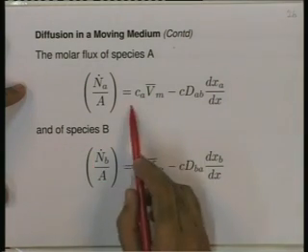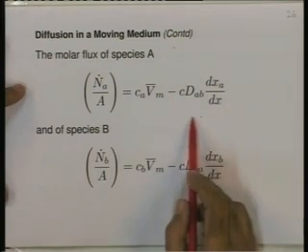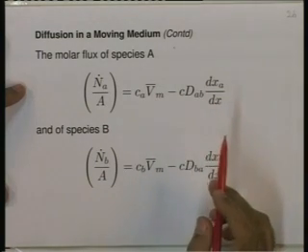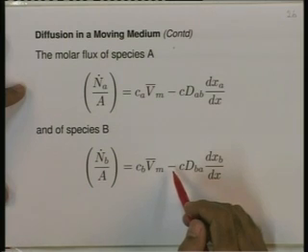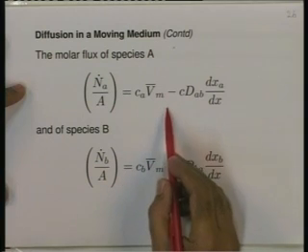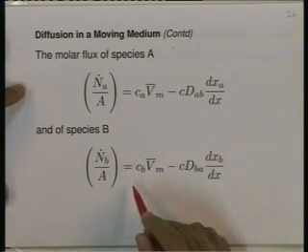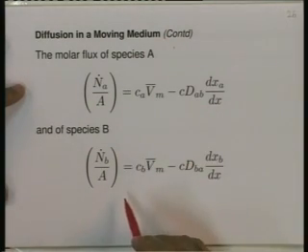This is due to the bulk motion, and this is modeled by Fick's law, the diffusion in the x direction of species A. So, the bulk movement component and the diffusive component. You can also say convective component and diffusive component.